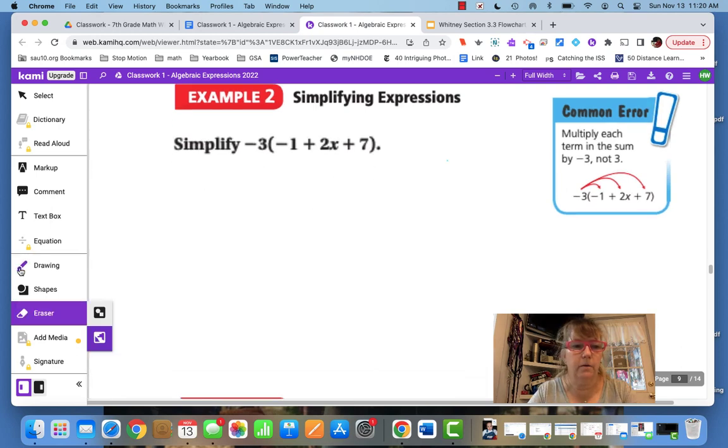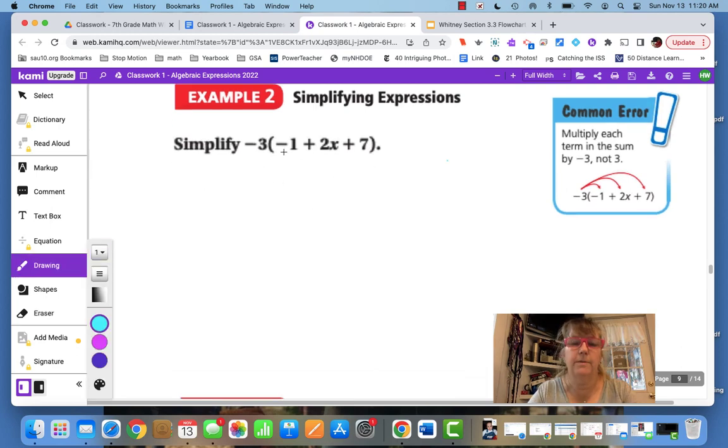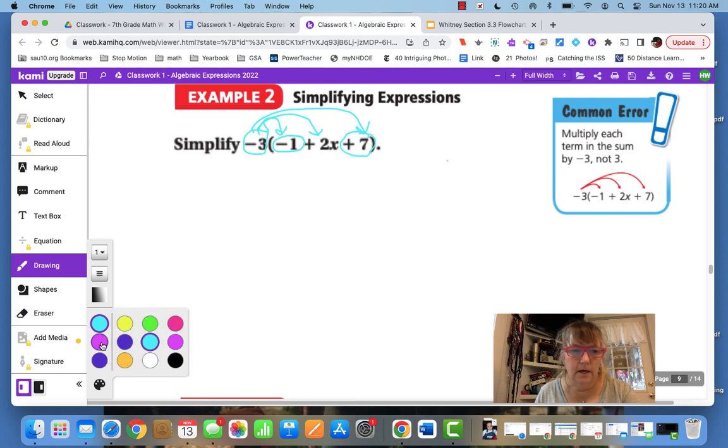Now let's talk about something a little more complicated. It turns out that there can be many, many terms inside of the parentheses. And all we do is continue to take this negative 3 and multiply it times everything inside of the parentheses. So the terms inside are negative 1, positive 7, and a positive 2x. So when we multiply, negative 3 times negative 1 is 3. Negative 3 times 2x is negative 6x.